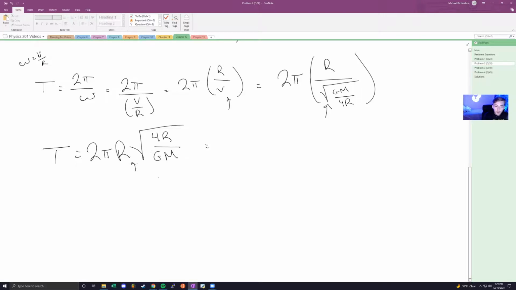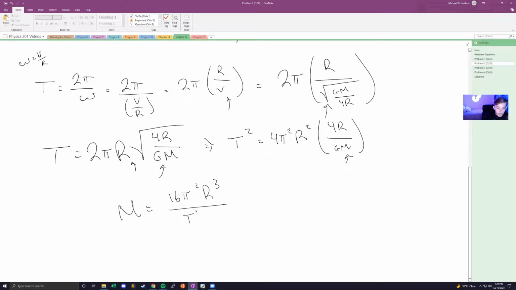We could try putting the r inside of here to get them together, but let's just square everything to get rid of the square root. And we get that this turns into T squared. It's going to be equal to 4 pi squared, r squared, and then 4r divided by Gm. And since we want the mass all by itself, let's solve for m now. So we get that our mass is going to be equal to 16 pi squared, our radius cubed, divided by our period squared times G.